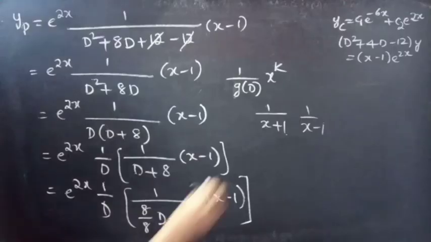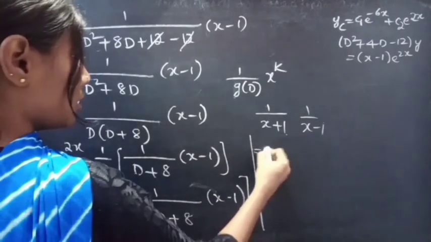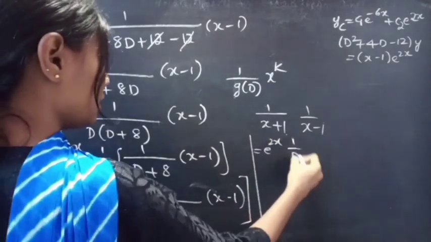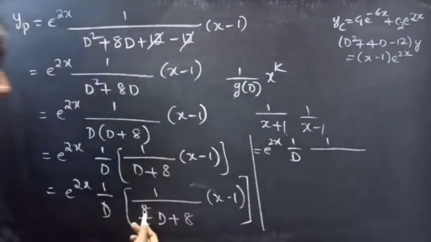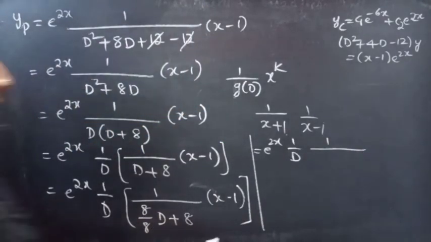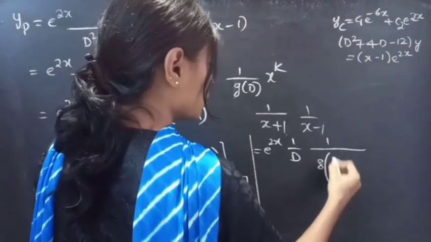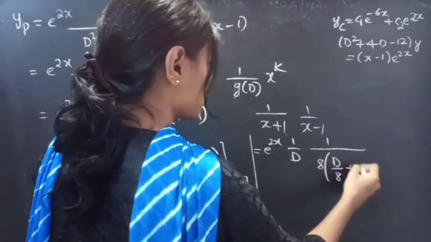Okay. This becomes e power 2x into 1 by D into 1 by, now take 8 common from these two terms, we'll get 8 into D by 8 plus 1.